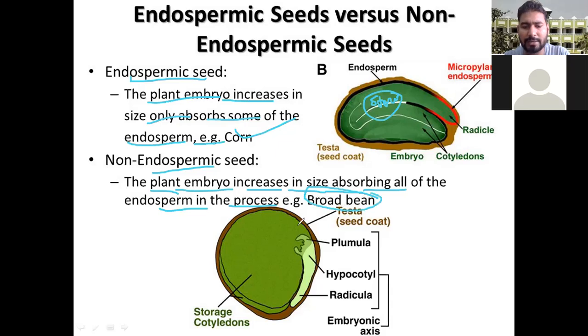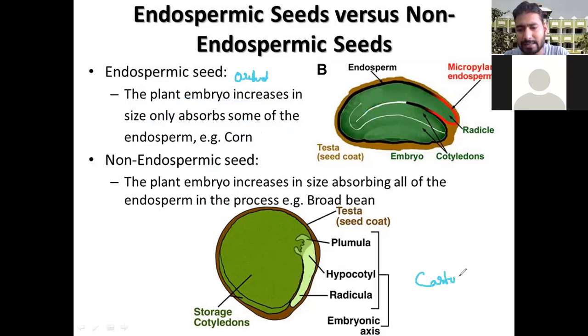That is broad bean. Clear? So you can say they consume all the storage reserve food material. The exception is orchids in monocots and castor in dicots. Okay, clear? So this is the overall difference between monocot and dicot seed.